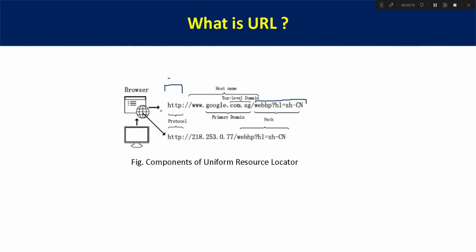Now, one by one, we'll see what the protocol identifier is. It tells what protocol is used for accessing a particular website, because every website follows a protocol, and there are generally two types: one is HTTP, and the other one you all know is HTTPS, Hypertext Transfer Protocol Secure.